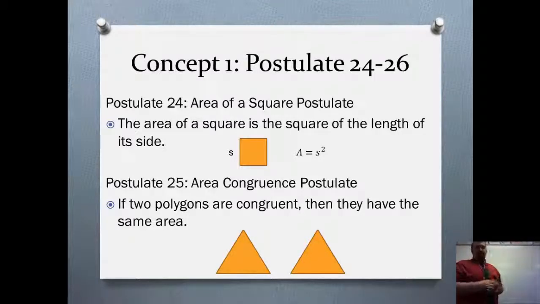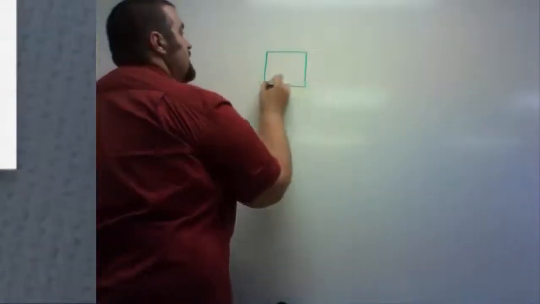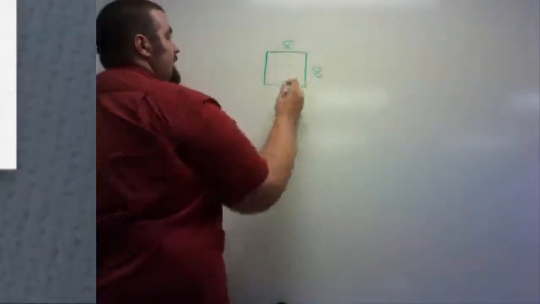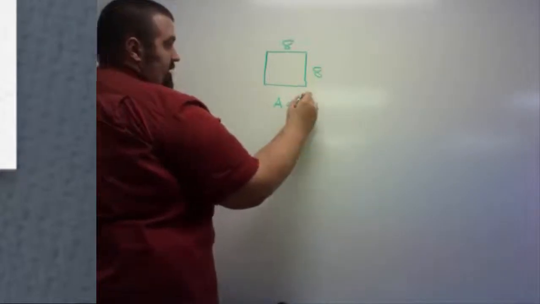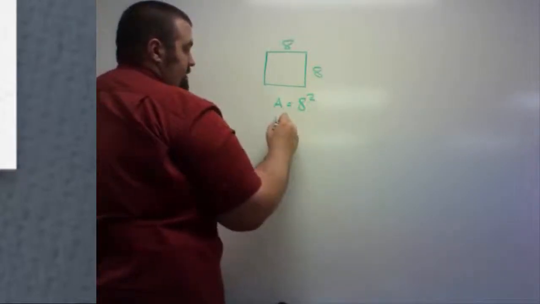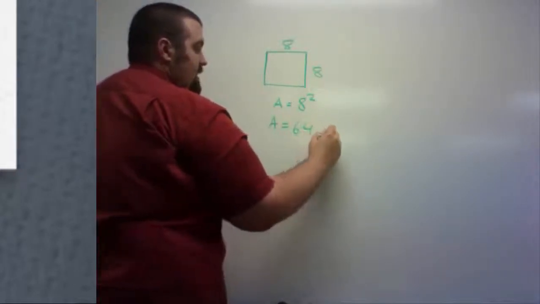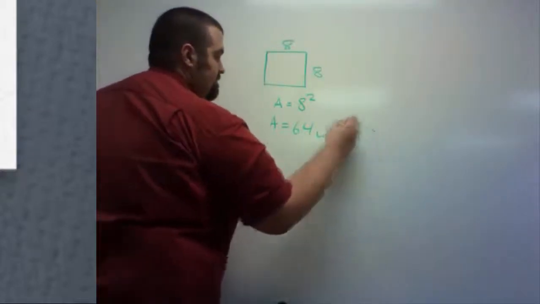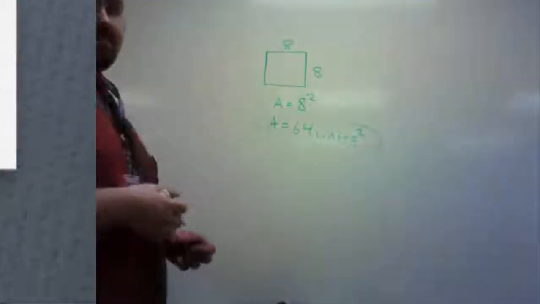So, the area of a square postulate: the area of a square is equal to the square of the length of the side. If I had a square that is 8 by 8, the area would be side squared, or 8 squared, so the area would be 64 units squared. And that's what I get.